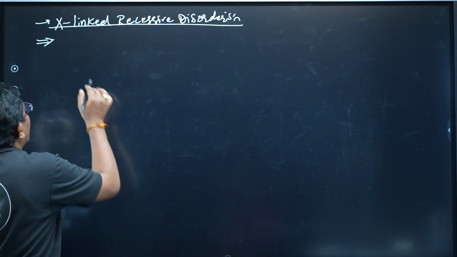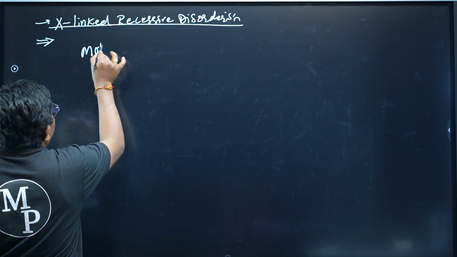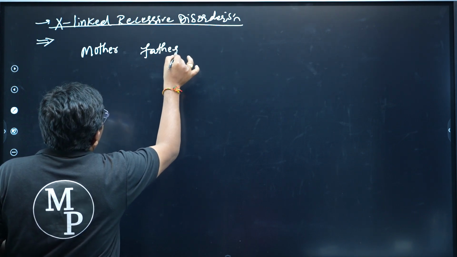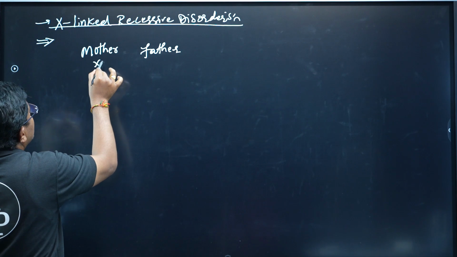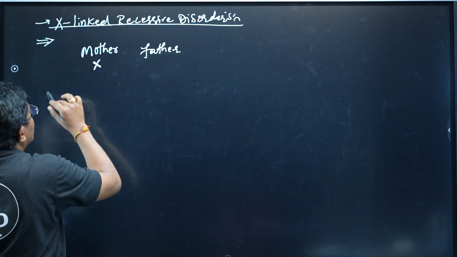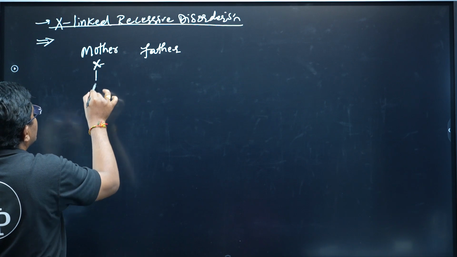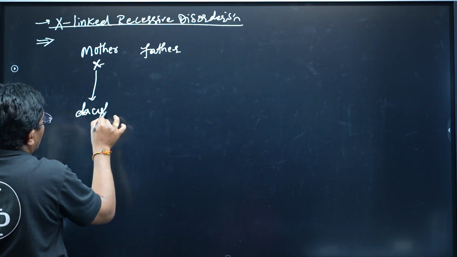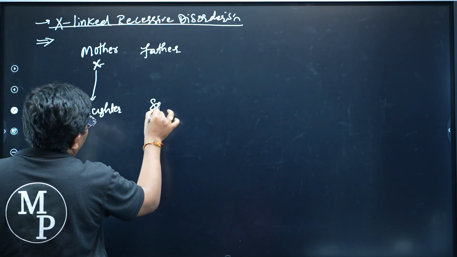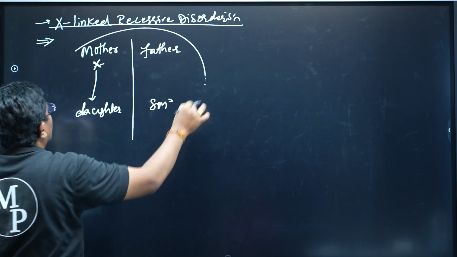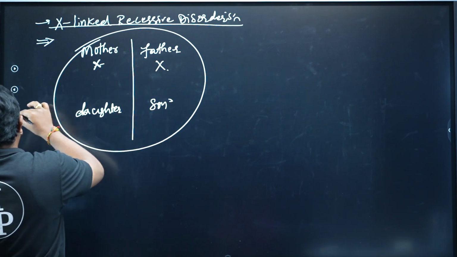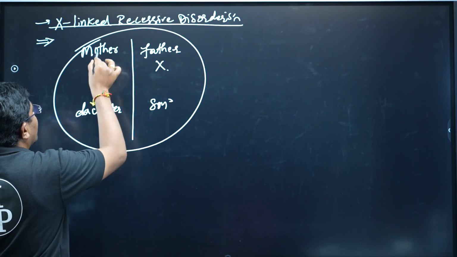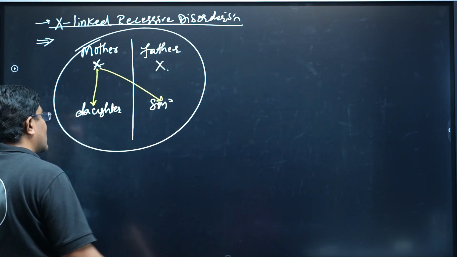Understood? First I'll write one clarity. So mother is there, and father is there. Whatever genes are there in the mother's X chromosome can be transferred to her daughters and sons.